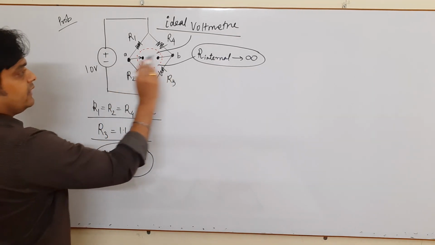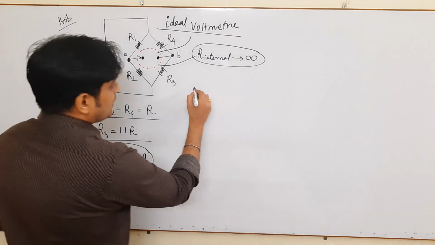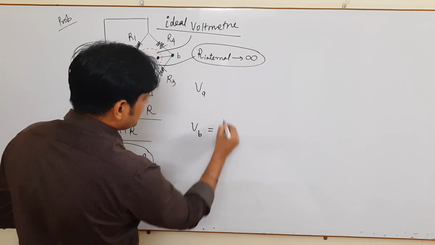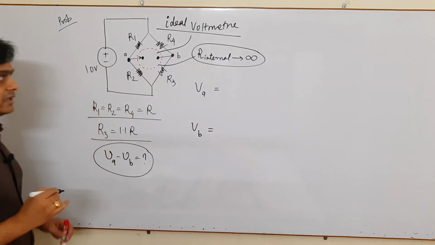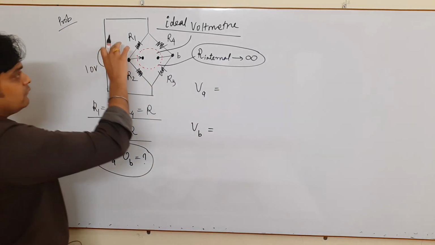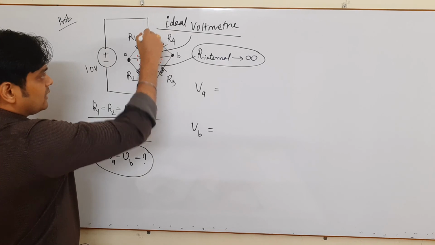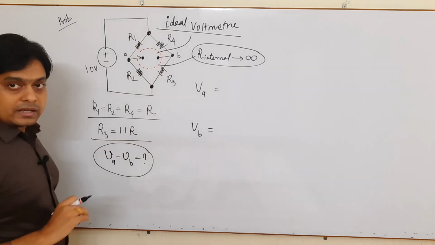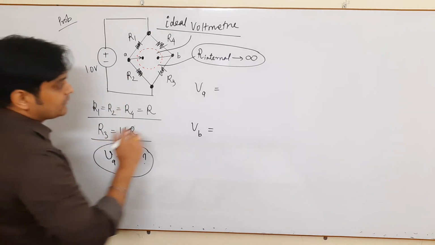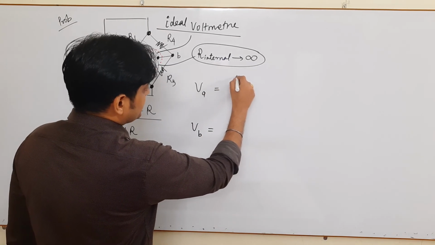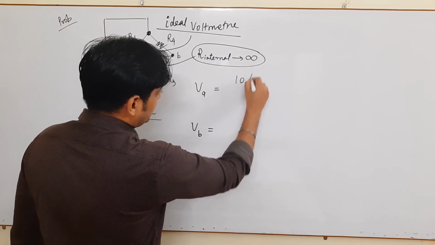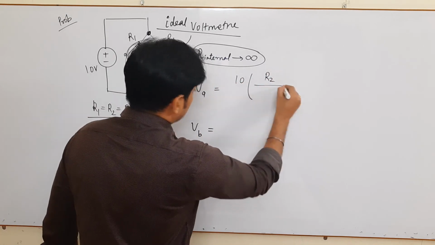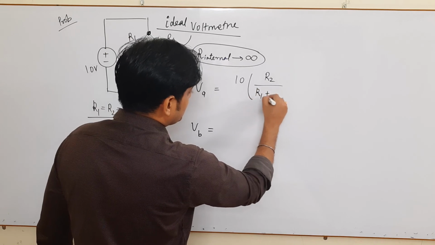Okay, now nothing is there. So can you find VA and VB? Yes. How? We will find VA and VB with the help of the concept of voltage division. Very important. This 10 volt is the voltage appearing across these nodes. So what is VA? VA is 10 into R2 upon R1 plus R2.